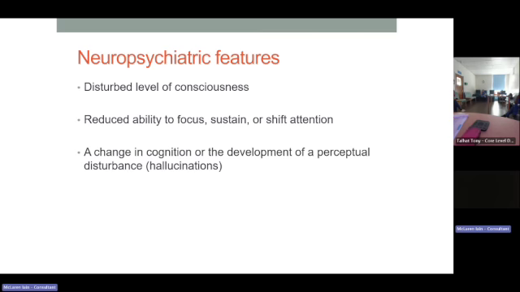It's associated with a reduced ability to maintain or sustain attention, or even to shift attention from one task or one thing to another. And also the patients frequently report a change in understanding of their environment, or they develop hallucinations, so perceptual disturbance.